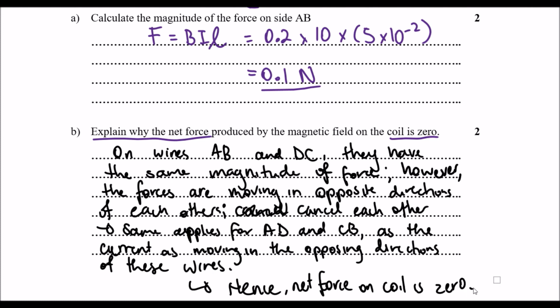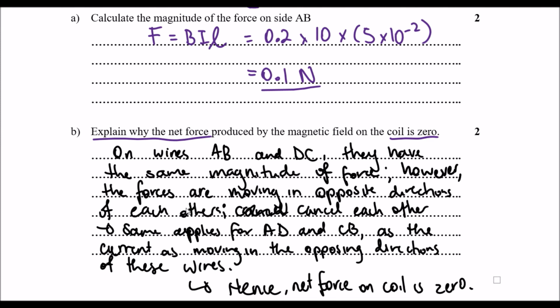So let's break this back down again, and I'll make it nice and clear. The reason why the net force on the coil is 0 is because on the opposing sides of those wires, they have the same amount of force. However, the force is moving in the opposite direction, cancelling each other out.